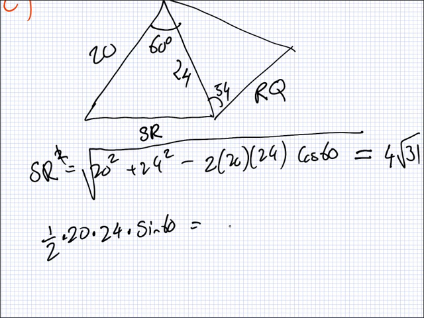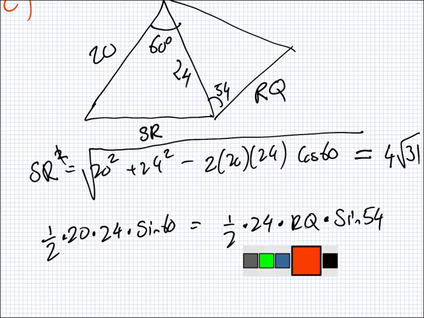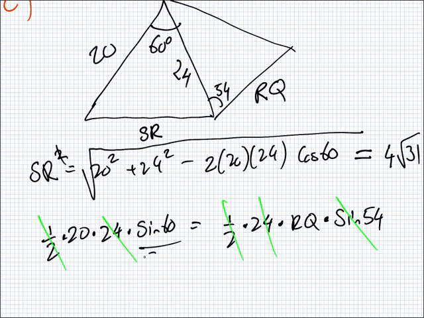And the area on the right is a half, 24, PQ, sine 54. Now we can do a bit of cancelling. 24, that, and that, and we can divide by sine 54, and our answer will be whatever sine 60 divided by sine 54 times 20 is. That would be PQ.